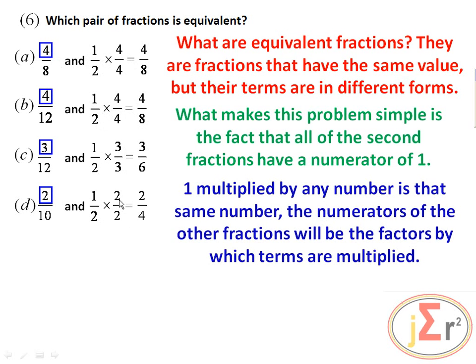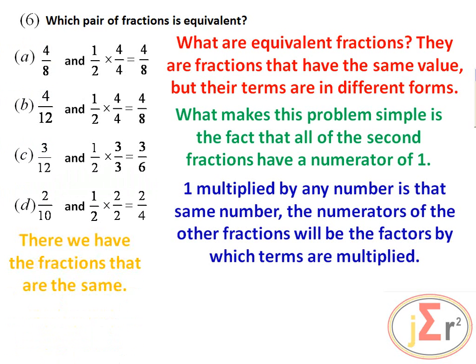Right, and so on and so forth. In the end, which two fractions are equal? The ones in option A. Right. So we are sure that option A represents equivalent fractions. There we have the fractions that are the same, those two.